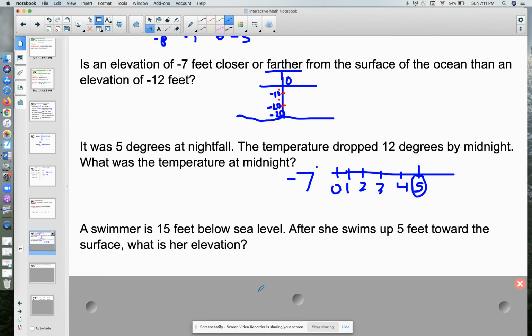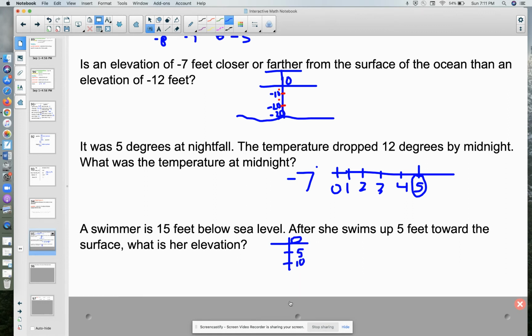Okay. A swimmer is 15 feet below sea level. After she swims up 5 feet toward the surface, what's her elevation? If I have here, so here's sea level, and here's negative 5, here's negative 10, and then here I have negative 15.